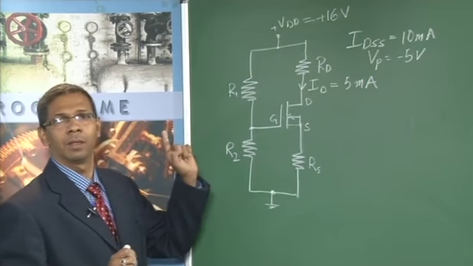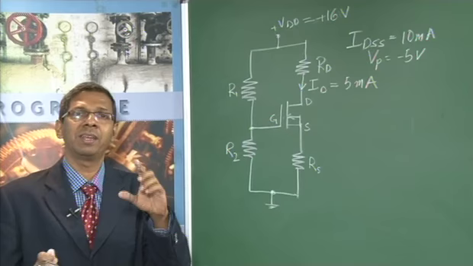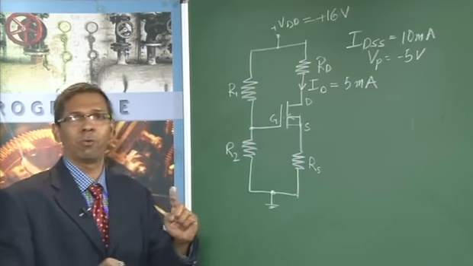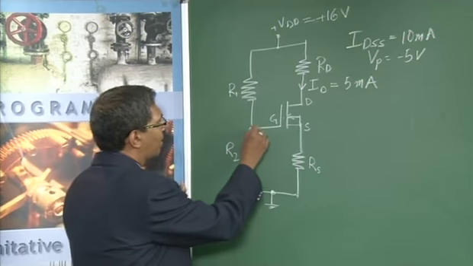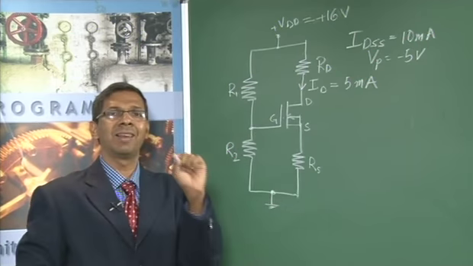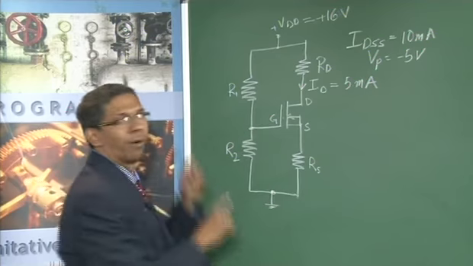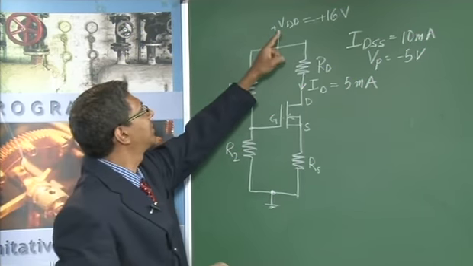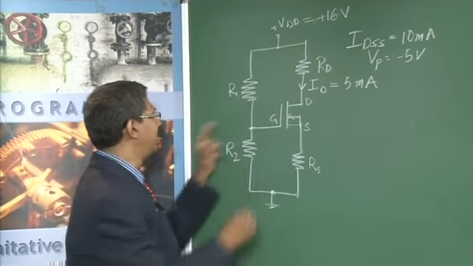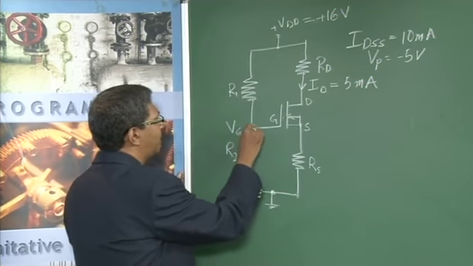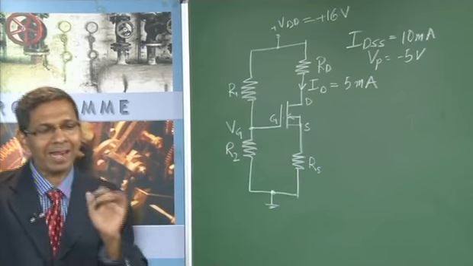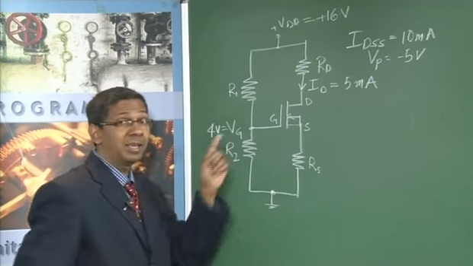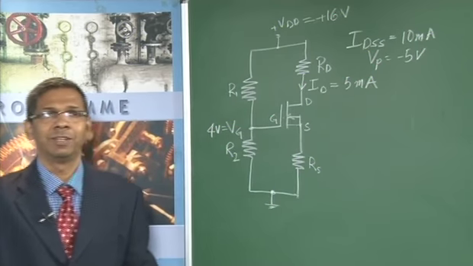Gate is here. But we always keep saying gate to source. They are not saying gate to source voltage. They are only saying gate voltage. So gate voltage means what? The voltage between the gate terminal and ground, which we call only VG. Just like VDD means voltage between this point and ground, VG means voltage between the gate terminal and ground. That has been given as 4 volts. Remember, VG is not equal to VGS.